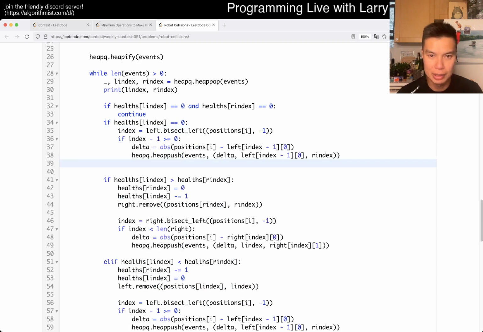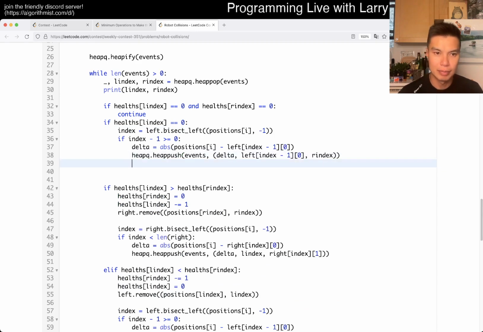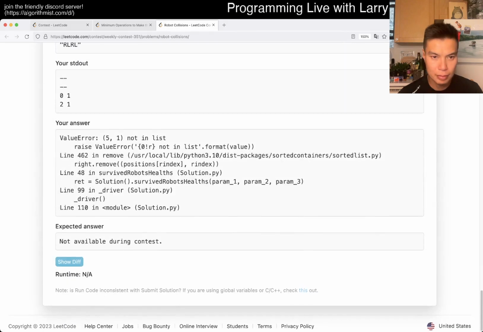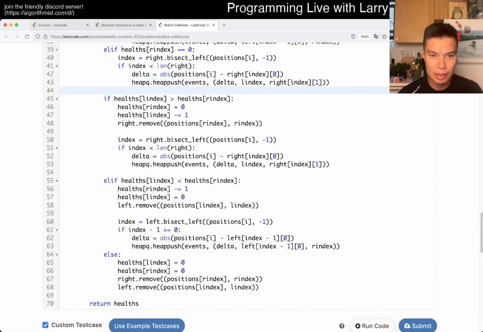Too much copy and paste. And then if it's the right index, then it's this part. Five one on the list. Okay, fine.